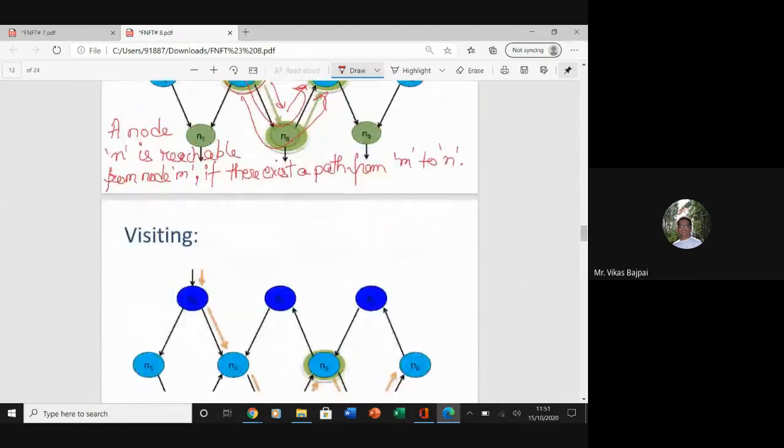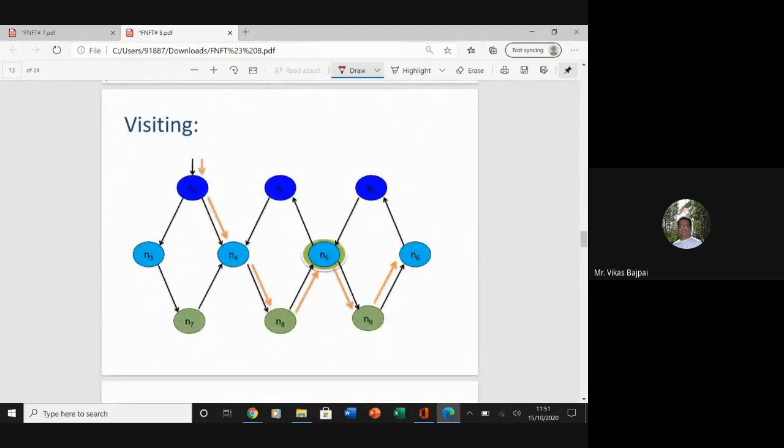Now, next are some very simple terms: visiting and touring.